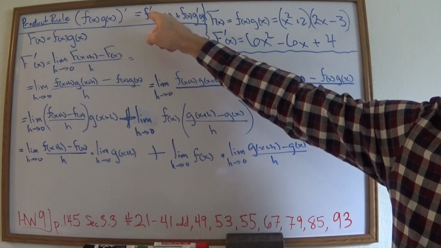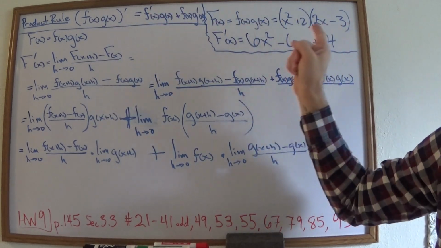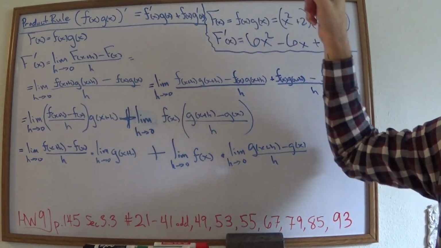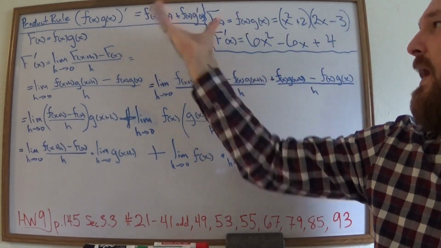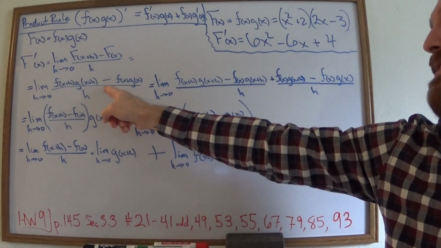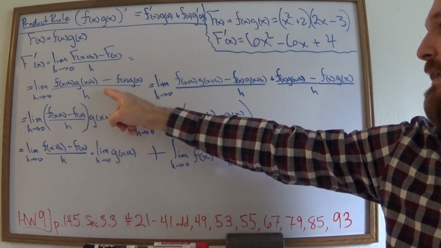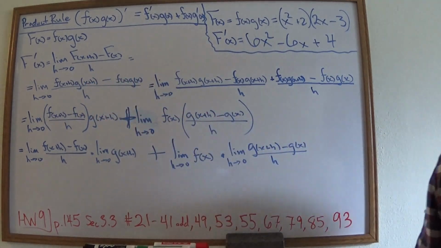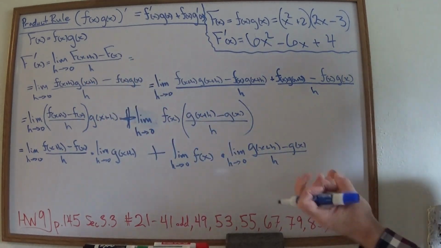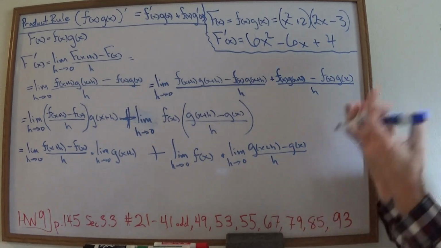You could take the derivative of f and multiply it by your original g. You could leave f alone and multiply it by the derivative of g. This is something you can do. This tells you how to do this. This would be a huge pain. Could you imagine plugging this into here and what you'd have to do? Here, we're breaking it down into its component parts, and we're getting to something.